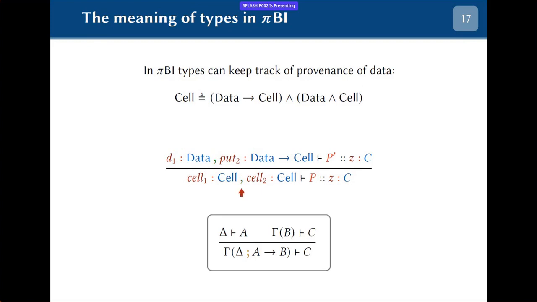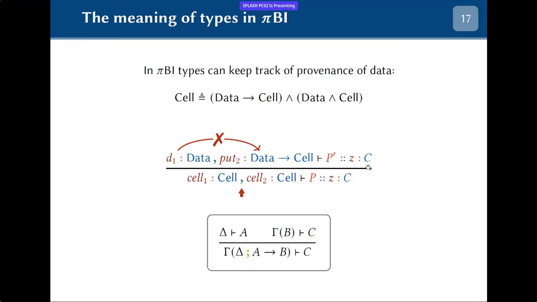But because I have more expressiveness than just the additives, I can do more here. I can be more strict about how the cells are composed. I can say these two cells are separate. They should not mingle. And this would imply that this flow of information from D1 to D2 is now forbidden because I cannot really match on this semicolon anymore. And this is an additive application, and I have a separation here.